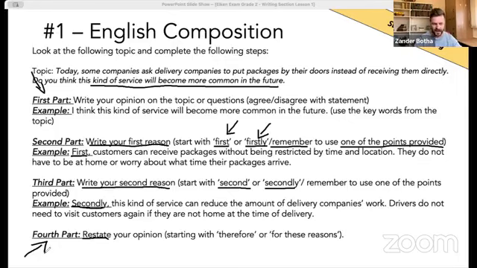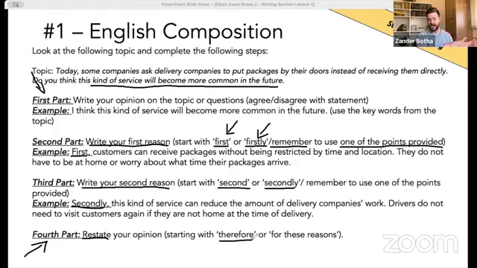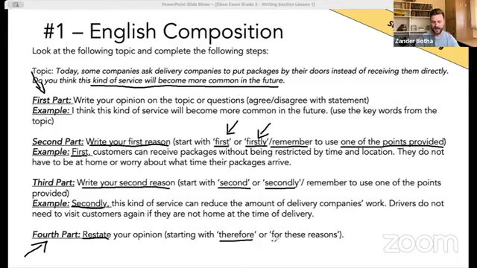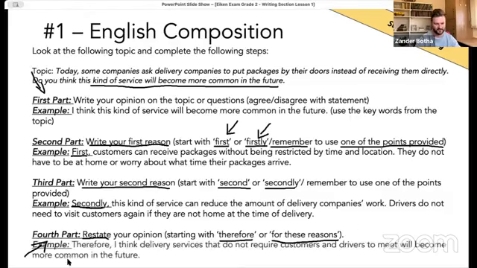But this time, you need to start with something like therefore, meaning the reasons I just gave, therefore, I believe what I believe. Or you can use a phrase like for these reasons. Because you've given them two reasons, then you can say for these reasons. Let's look at an example of this.